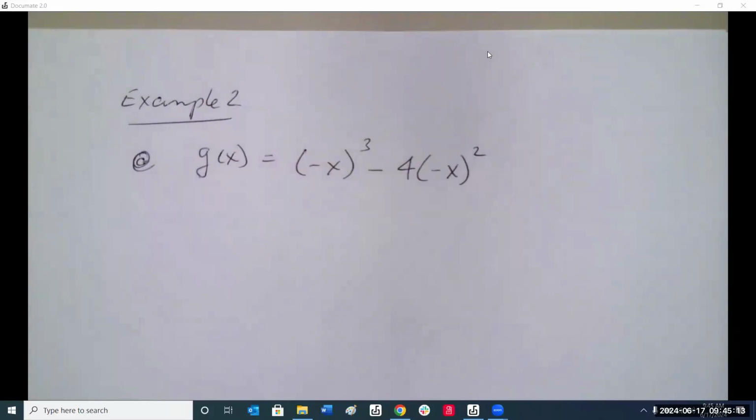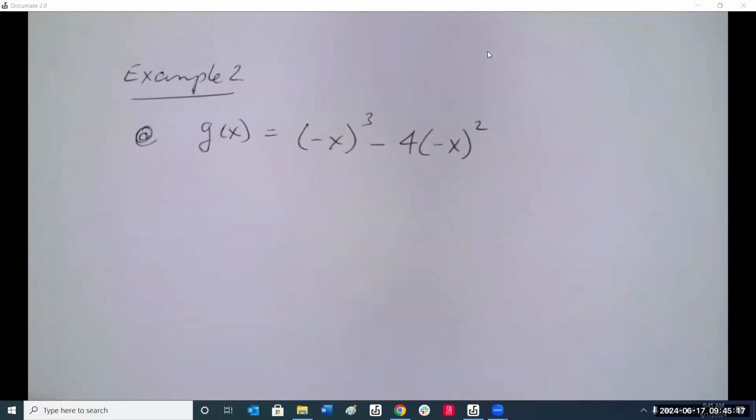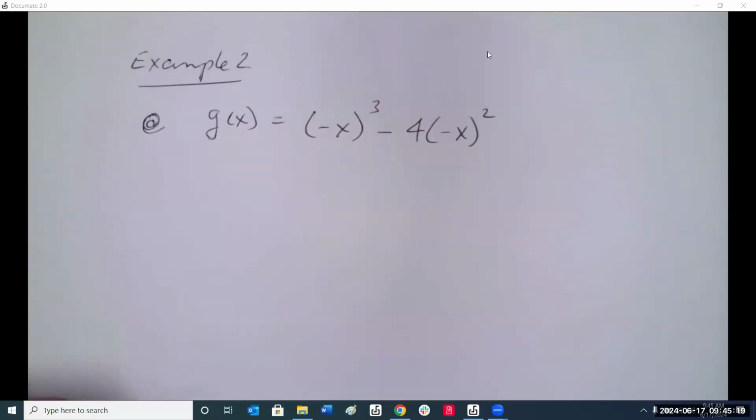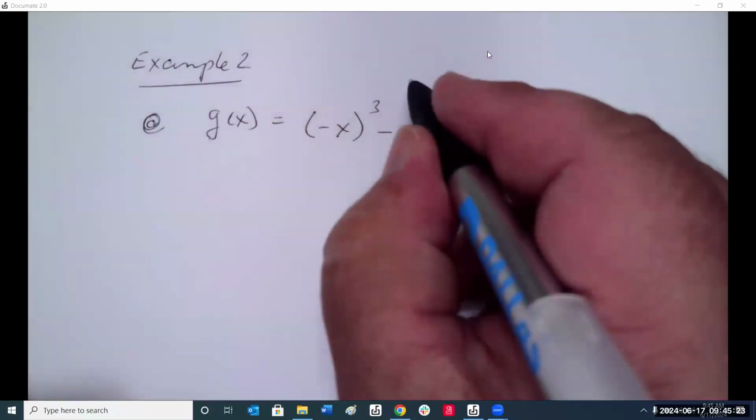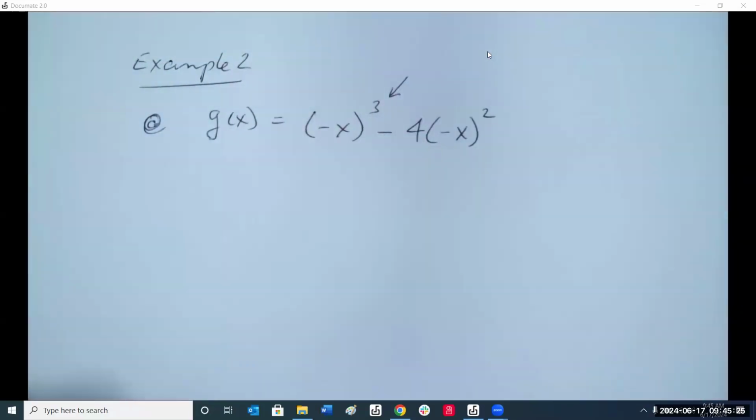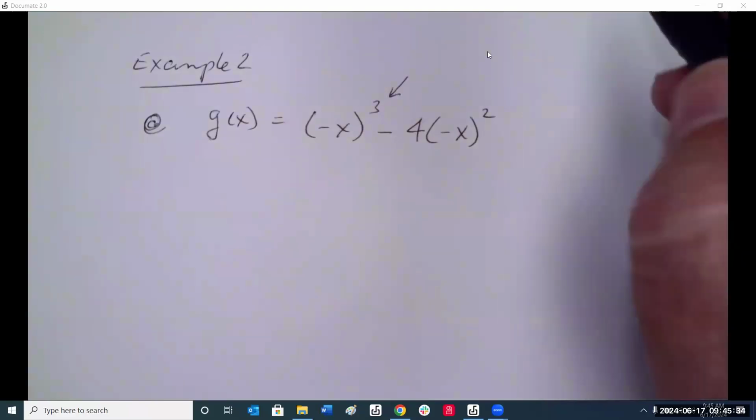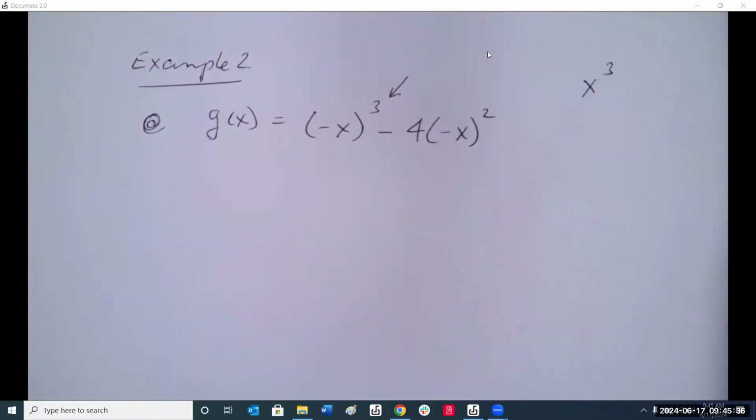So what's going to happen to this graph? What kind of function is this? Look at the highest exponent. It's a 3. So what kind of function is it? It's a cubic function. It matches that graph.